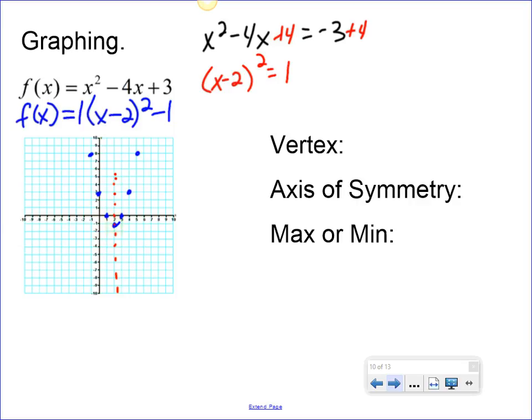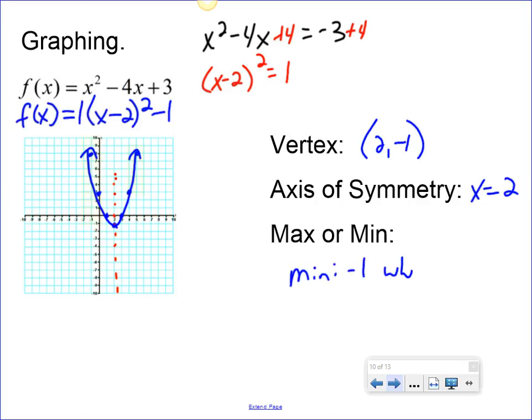And there's my nice, neat parabola. My vertex would be 2, negative 1. My axis of symmetry would be x equals 2. In this case, I would have a min of negative 1 when x equals 2. Okay, hopefully that one made sense.